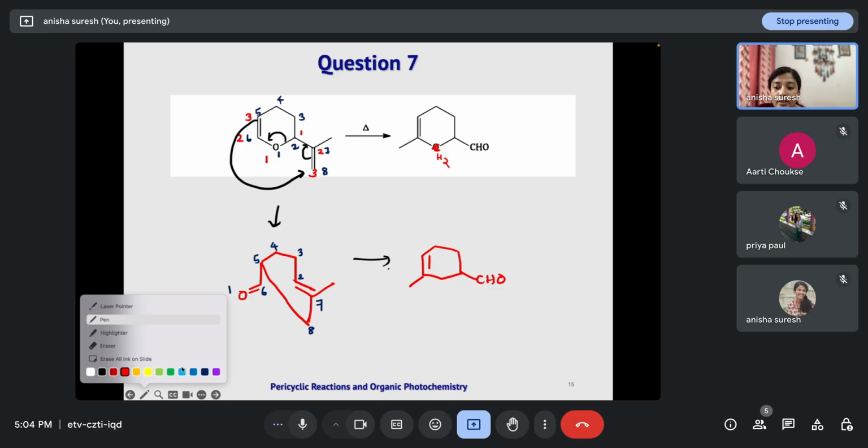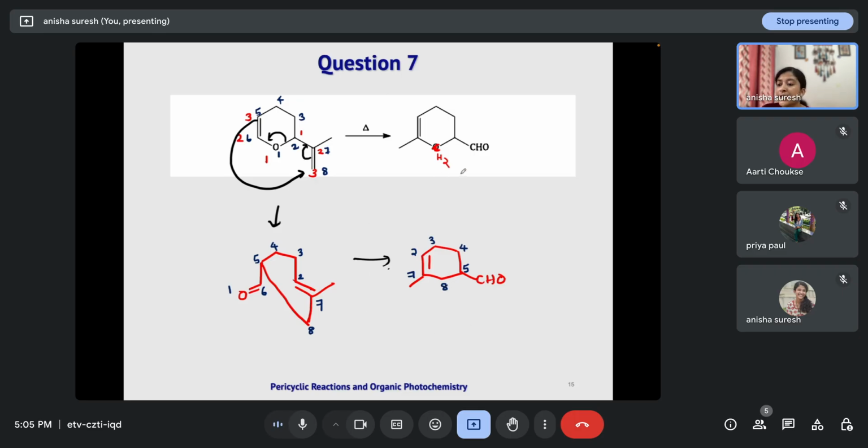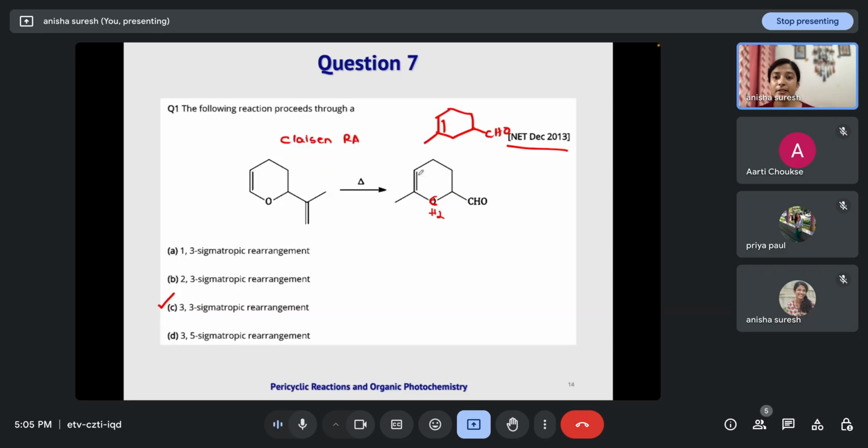So here the numbering will be like, on carbon 7 the methyl group is coming: 7, 2, 3, 4, 5, and this carbon is carbon number 6 and oxygen is 1. Okay, and this will be 8. So this is how the reaction is taking place. So this was our question.